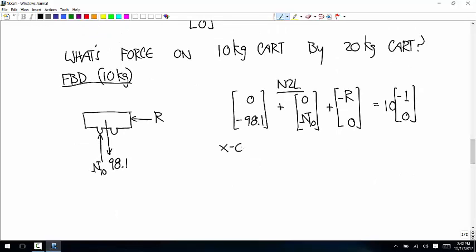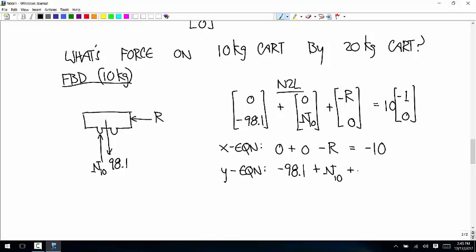So this gives an x equation and a y equation. The x equation says 0 plus 0 minus R is equal to negative 10. And the y equation says negative 98.1 plus N10 plus 0 is equal to 0.